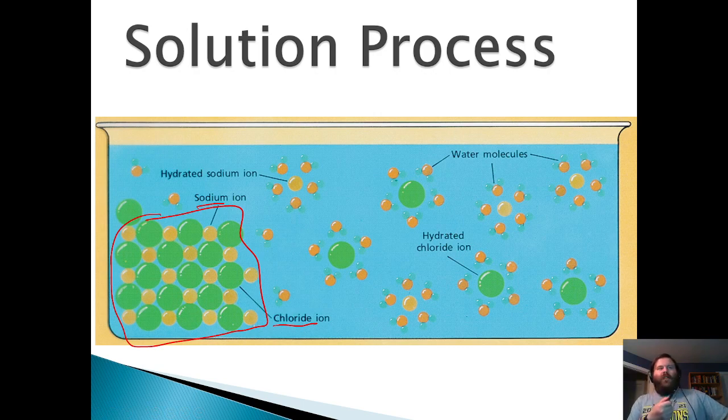And the way that it is dissolving is shown here, where water molecules, which are shown here, a water molecule has sort of a positive side and a negative side. Right, the hydrogens kind of make a positive, and the oxygen kind of makes a negative on the other side.